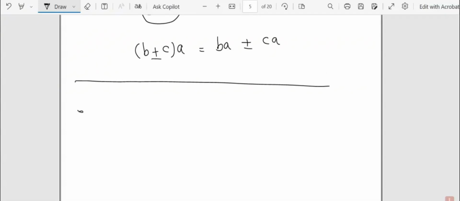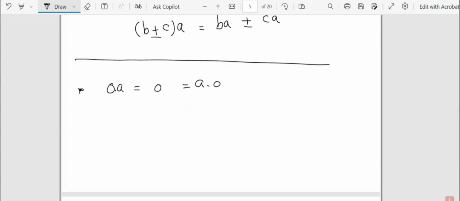We could get further properties, like if we multiply 0 by a, it will give me 0, as if we multiply a by 0. From the left or the right, if you multiply any number with 0, it will give me 0. We are really just refreshing all the properties that we know about numbers. This is just a refreshment class to start doing some mathematics.